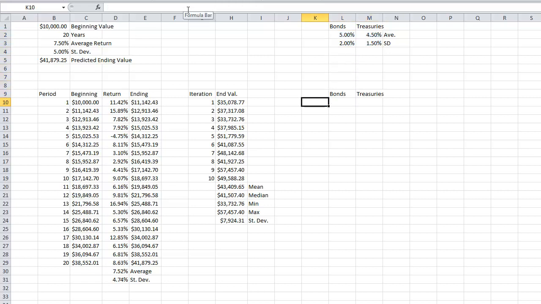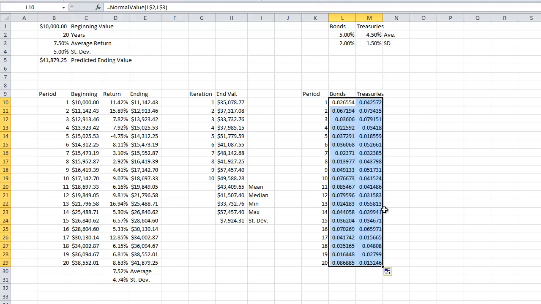Well, what if you want to do the same thing? What if you want to do period 1 all the way down to 20? So you could do this. You could say, all right, normal value. There's my mean. There's my standard deviation. I could lock in the 2 and the 3, and I should be able to drag that formula over like so.